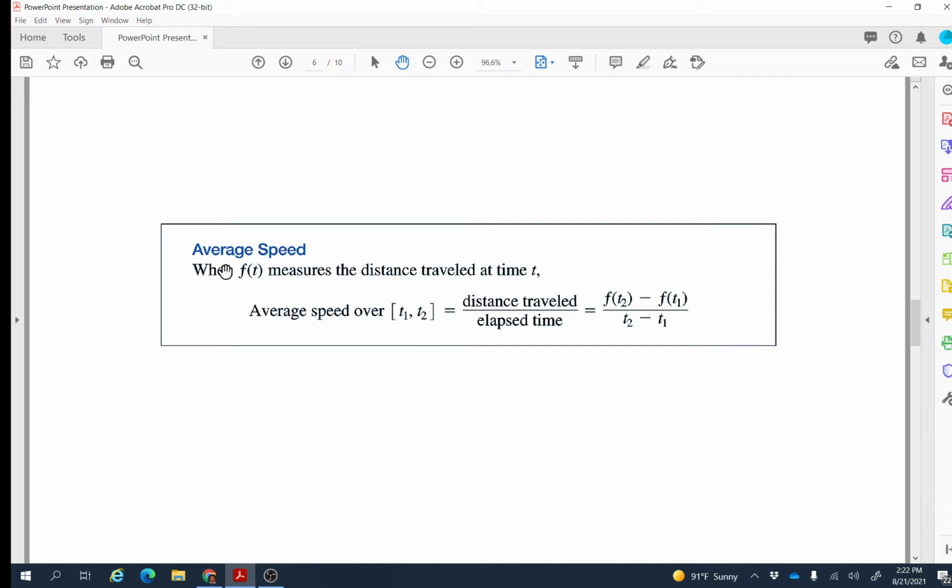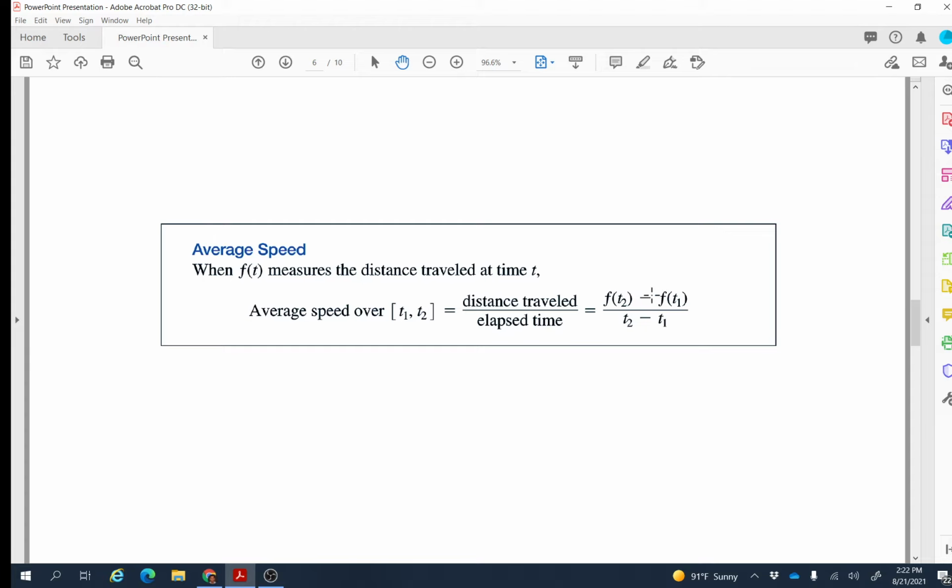So let's say f of t measures the distance traveled at time t. There is some object which is traveling, and we can model the distance of that object by using a function f of t, where t is the time. Then we can find the average speed of that object by using this formula, which is basically the slope of a secant line.